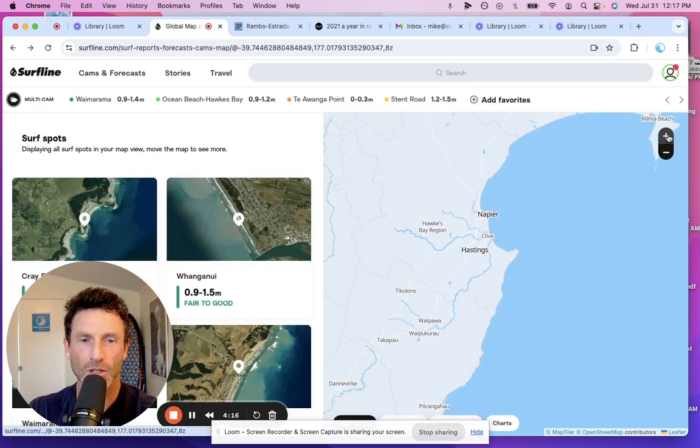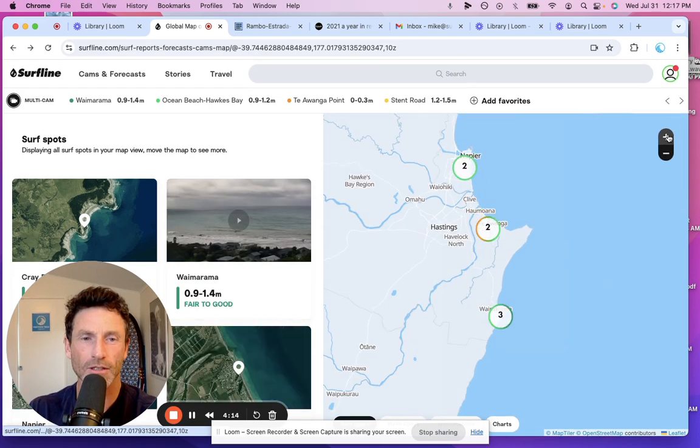Let's zoom into my local beaches and I'll explain to you guys how I use Surfline and what to look for. So these beaches out here, the most exposed part of this coastline, I always look at that forecast because Surfline will give you more of an idea of what swell is in and around the coast and in the water around this area.